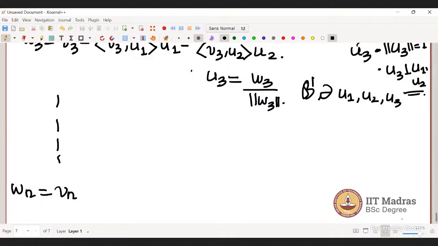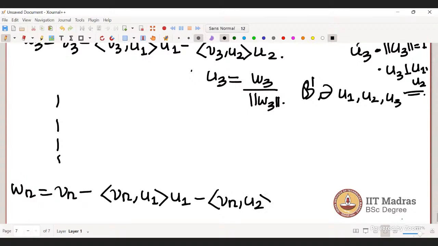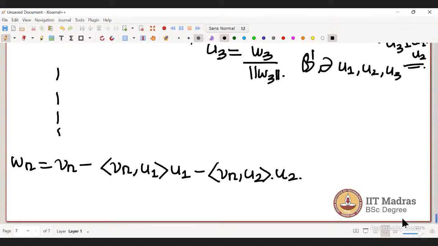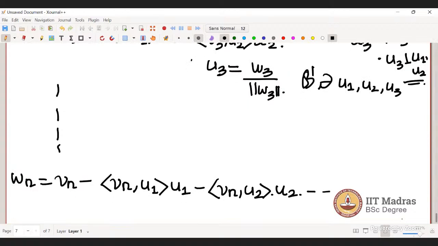This Wn is basically Vn minus the inner product of Vn with U1 times U1, minus the inner product of Vn with U2 times U2, and so on up to the inner product of Vn with U(n-1) times U(n-1).